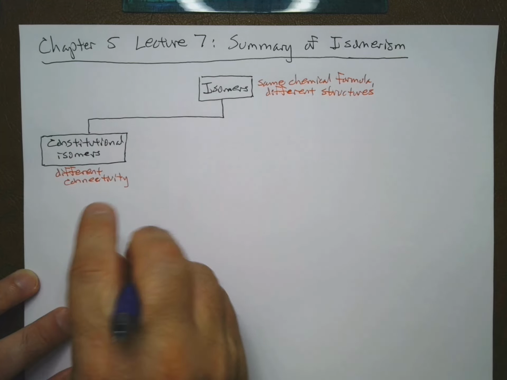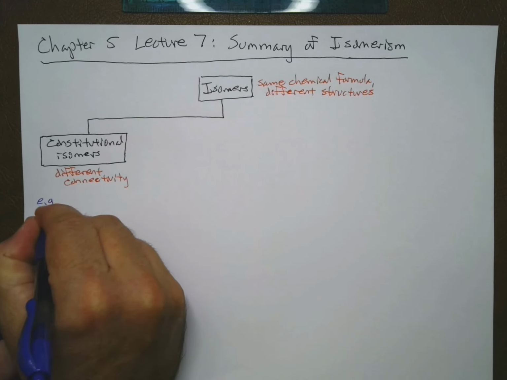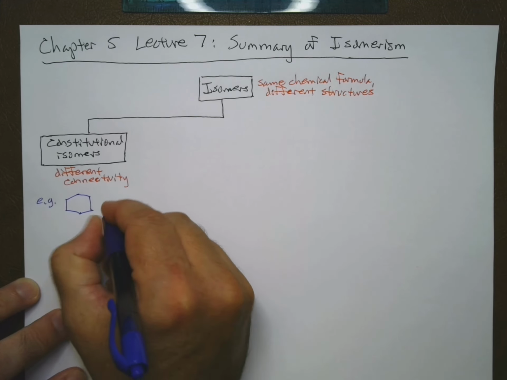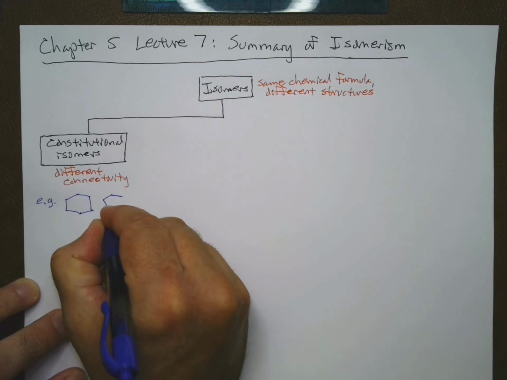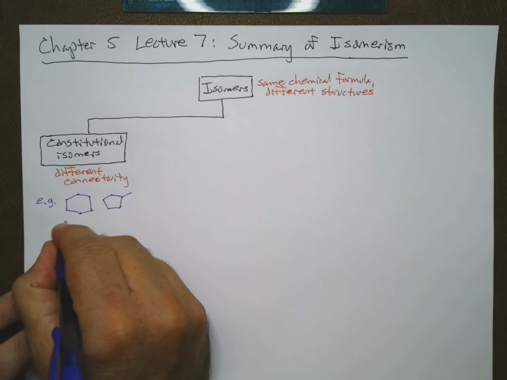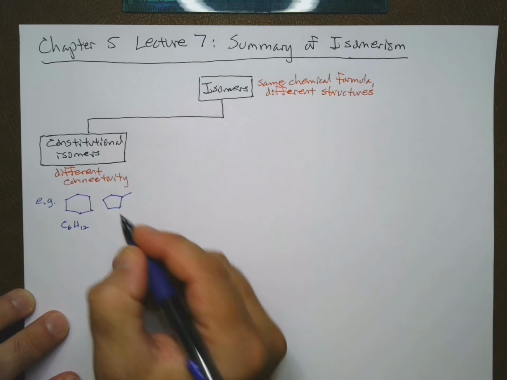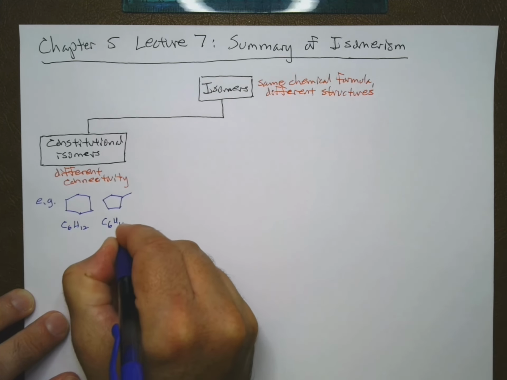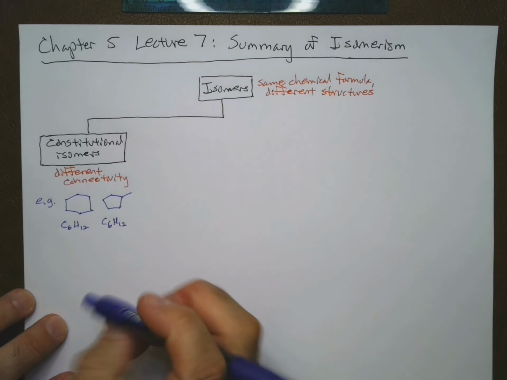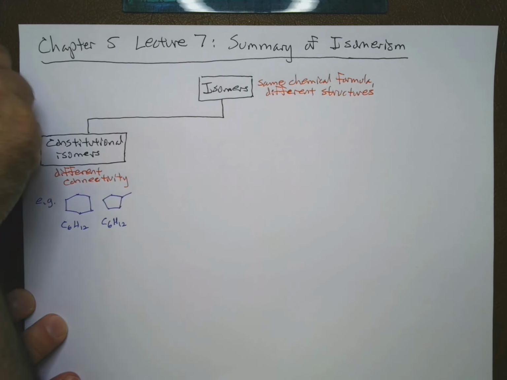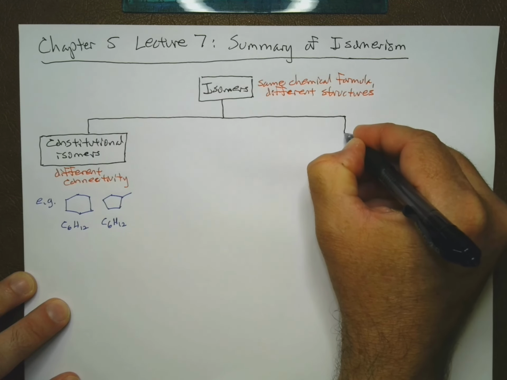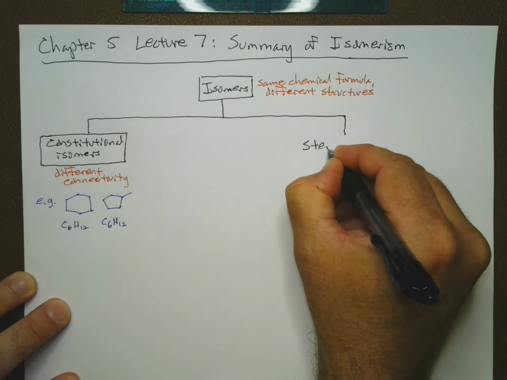So, for example, I could look at cyclohexane and compare that to methylcyclopentane. These are both C6H12, but the atoms are connected in a different order. Now, on the other side here, we have stereoisomers.